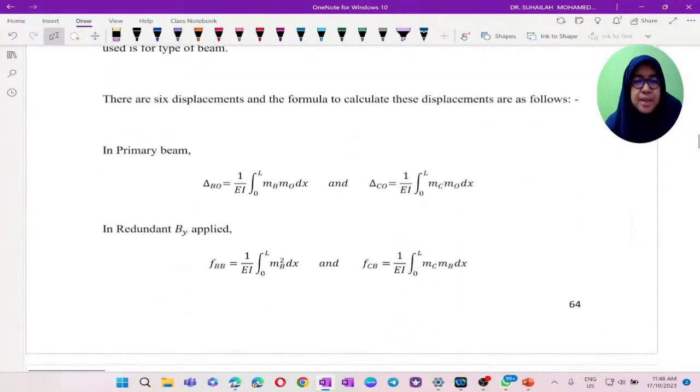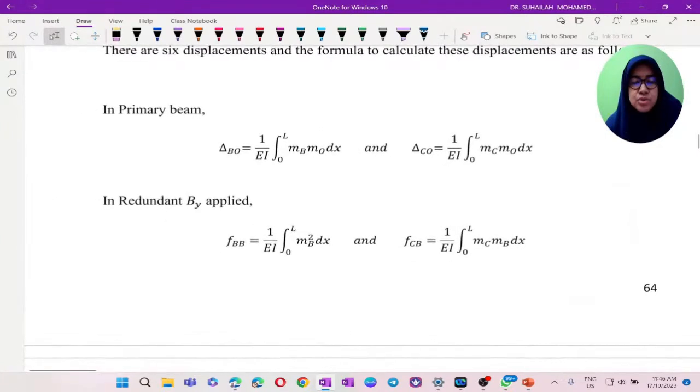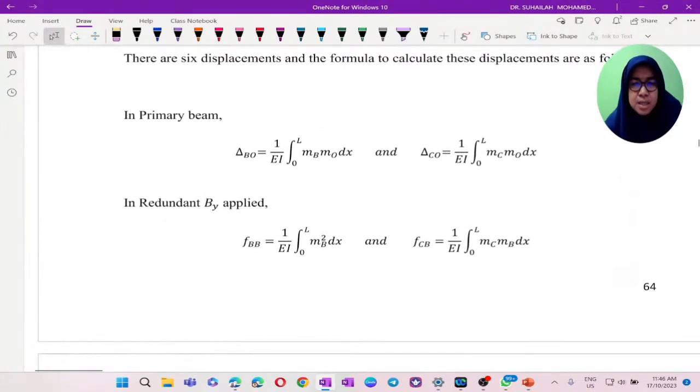And as usual, the delta B naught, delta C naught, FBB, FCC, FBC, FCB actually represent displacement, and we use integration of two moment equations to calculate the value.